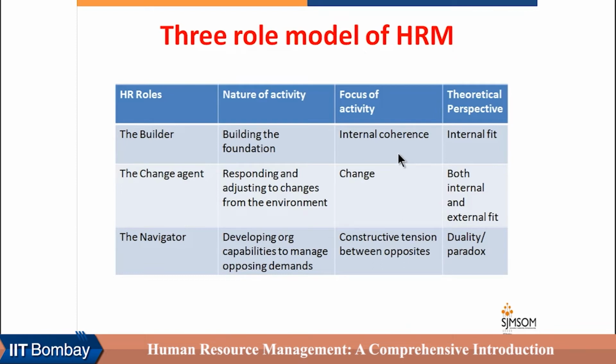Here the focus is on the internal fit as well as the external fit. Then comes the role of navigator. That is particularly true in the international context of HRM. You can understand it by looking at 2 terms which are very common in the strategic management literature also. One is ambidexterity, another is dynamic capability.